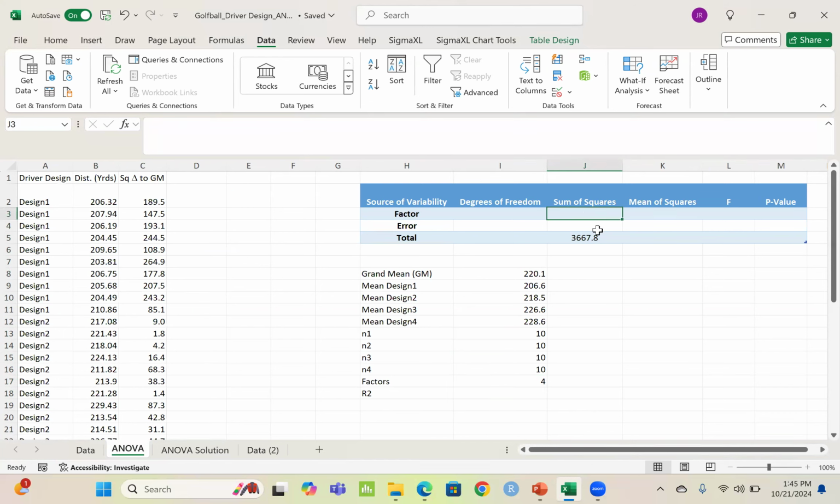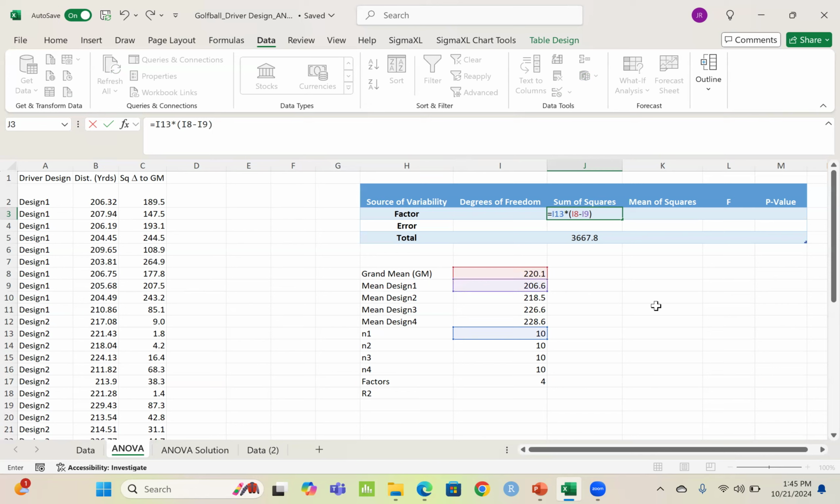And to calculate the sum of squares, what I need to do is develop a simple formula. It's going to be a little long, but it's basically going to be, for the first value, I'm going to multiply how many data points I have times the difference that exists between the grand mean and the mean of design one.